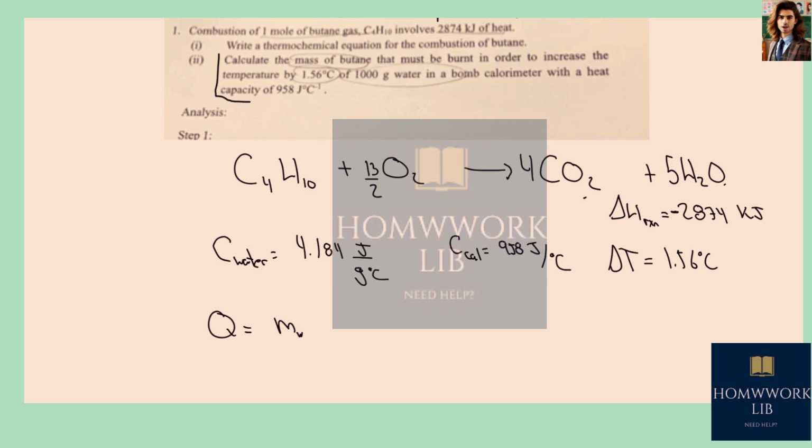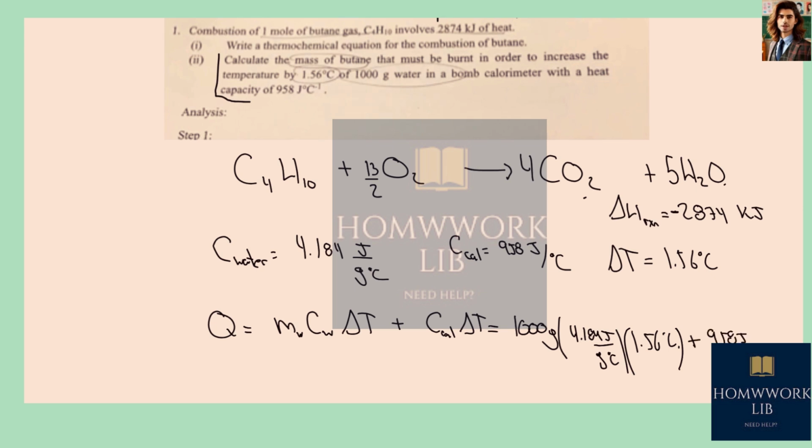Mass of water times heat capacity of water times the delta T, plus the heat capacity of the calorimeter times the delta T for the calorimeter, which is going to be the same value for delta T. So this becomes 1,000 grams multiplied by 4.184 joules per gram degree Celsius multiplied by 1.56 degrees Celsius, plus 958 joules times 1.56.